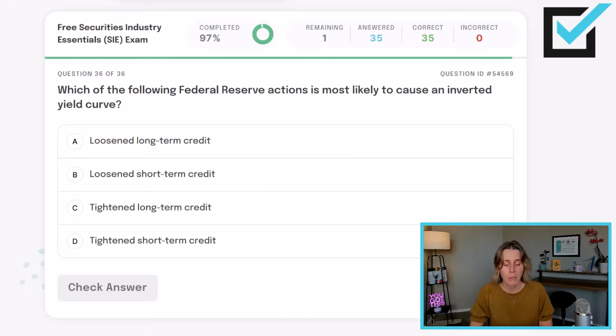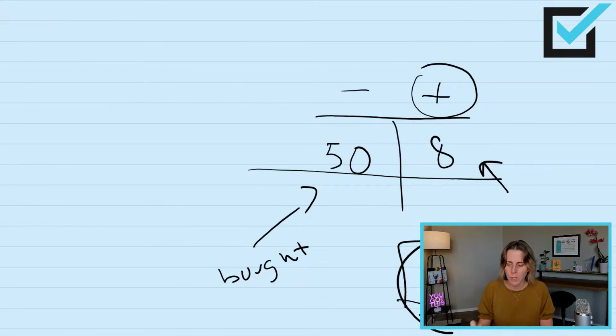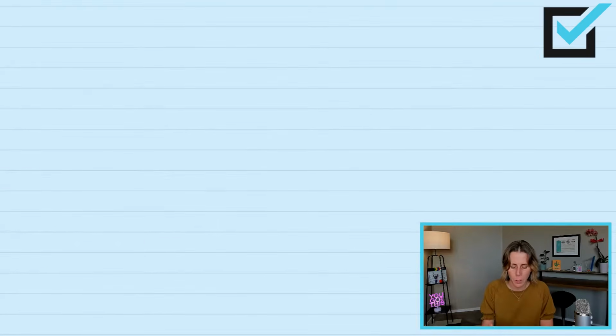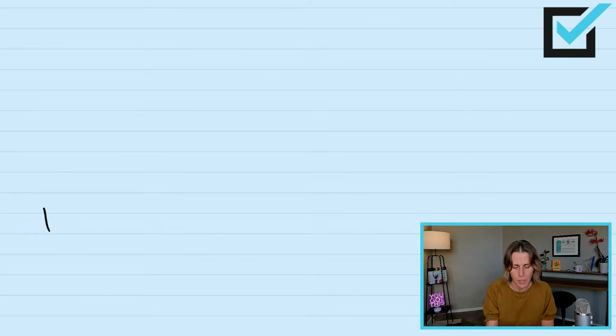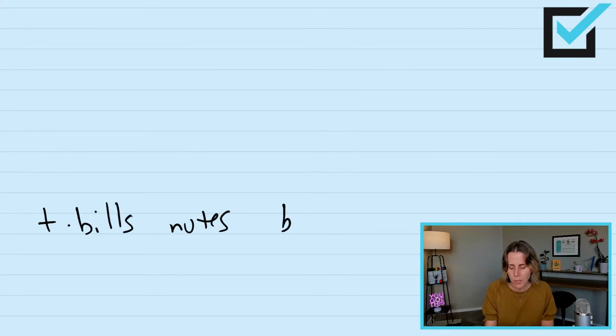Which of the following Federal Reserve actions is most likely to cause an inverted yield curve? Wait a second, what's an inverted yield curve? Let's draw. Yield curves, for the purposes of these exams, look at the yields on U.S. government securities, starting from Treasury bills to notes to bonds.